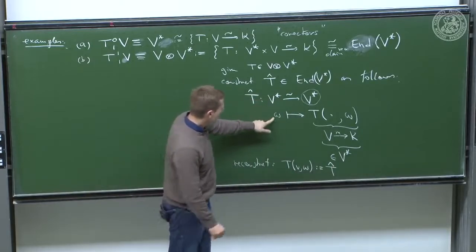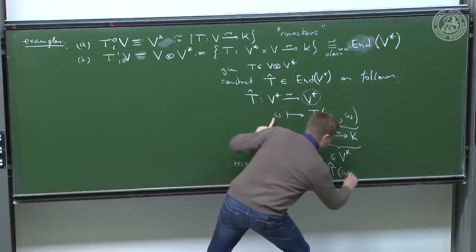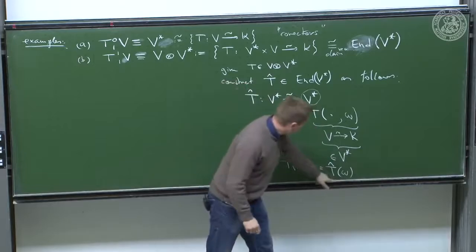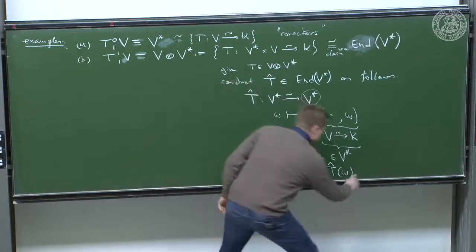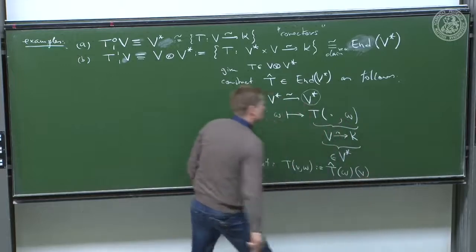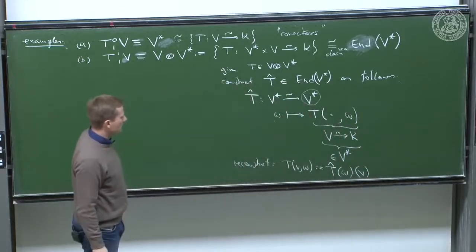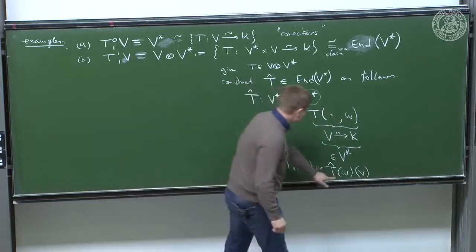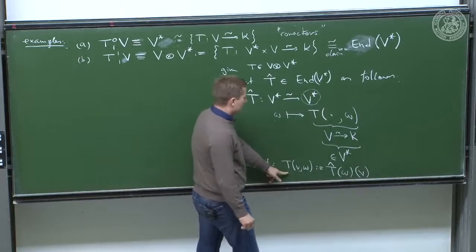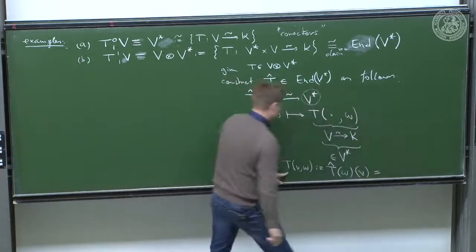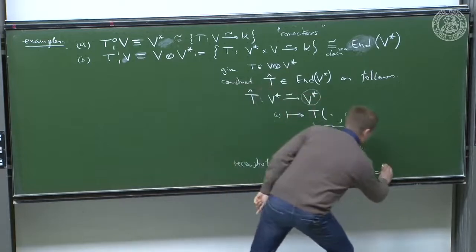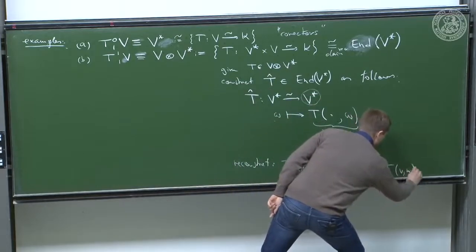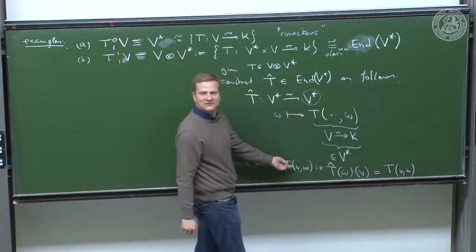The T hat eats an omega and results in an object, namely this one, that lies in V star. But if it lies in V star, it can act on the V and you get a number. The question is, is this number the original T? Well, yes, it is, because you can really reconstruct. Because you use the definition, this is by definition T of V and omega. Oh yeah, you reconstruct it.